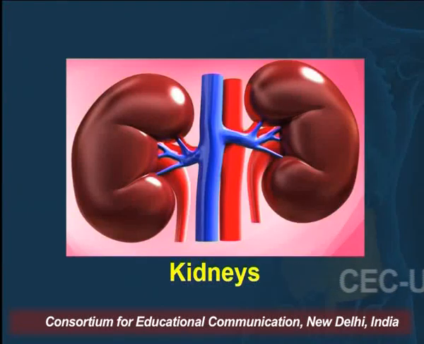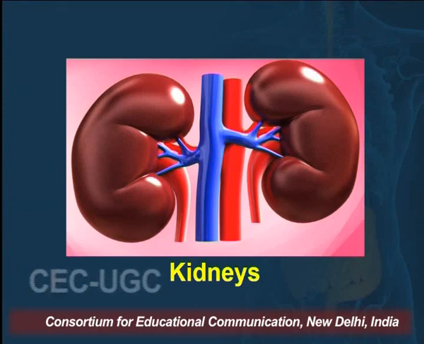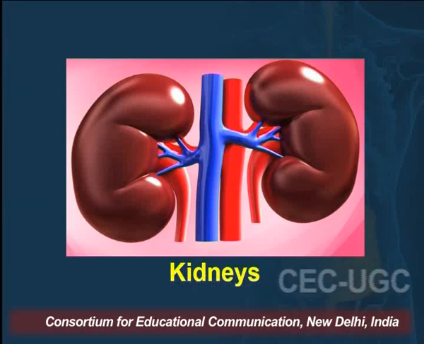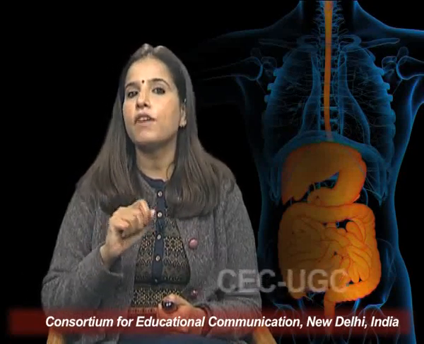Kidneys are bean shaped structures located on either side of the backbone and protected by the ribs and muscles of the back. Each human adult kidney has a length of 10 to 12 centimeter, a width of 5 to 7 centimeter and weighs around 120 to 170 grams. These kidneys have an inner concave structure.